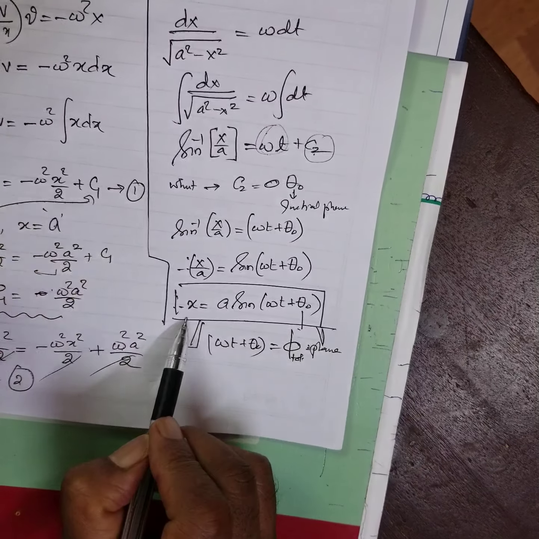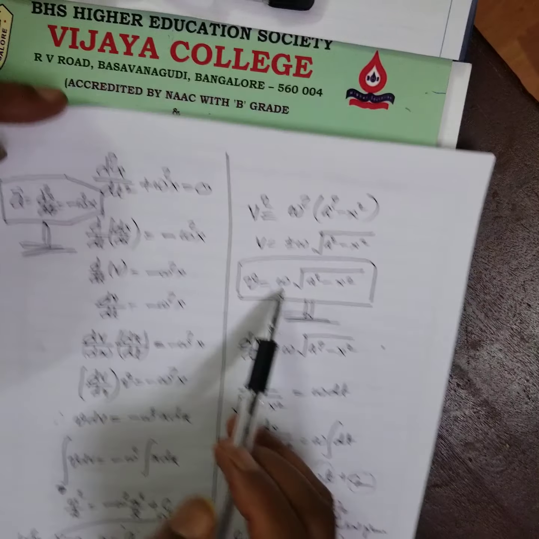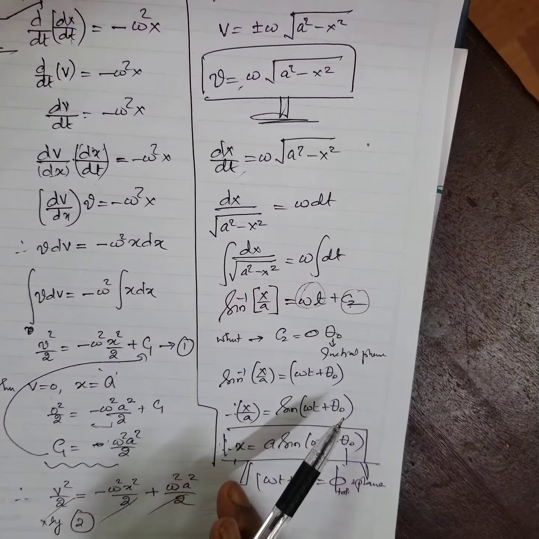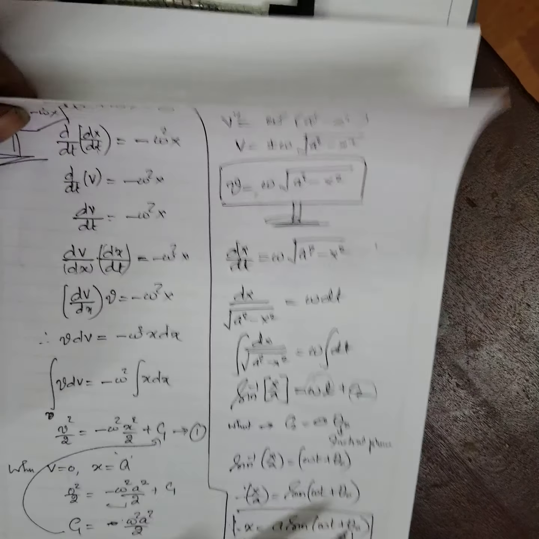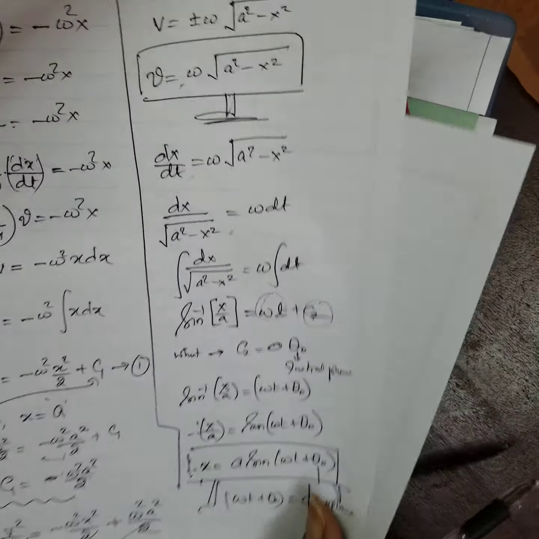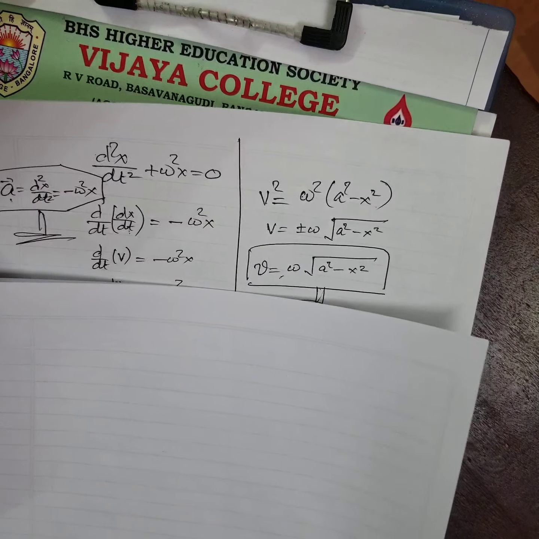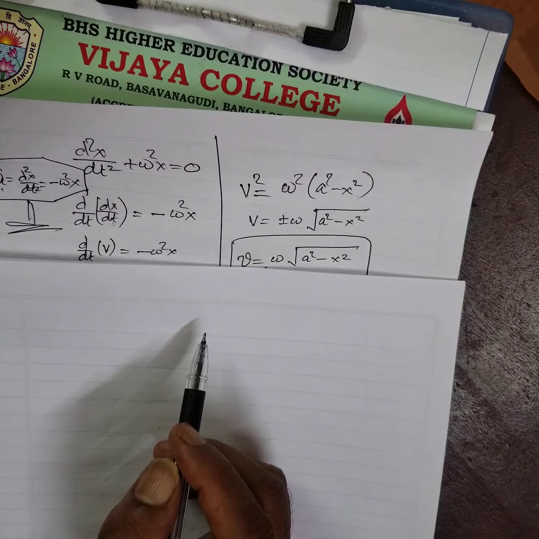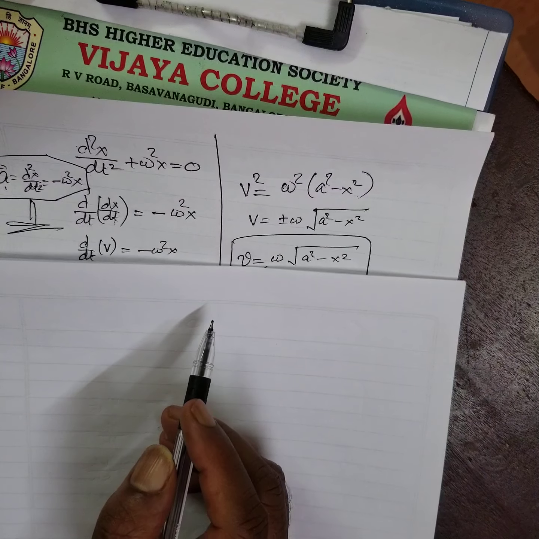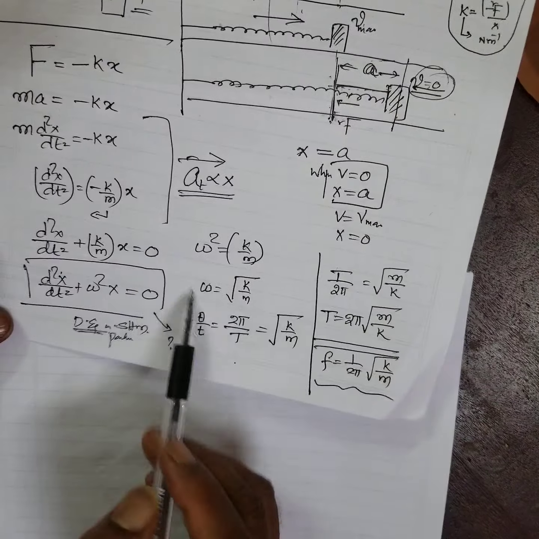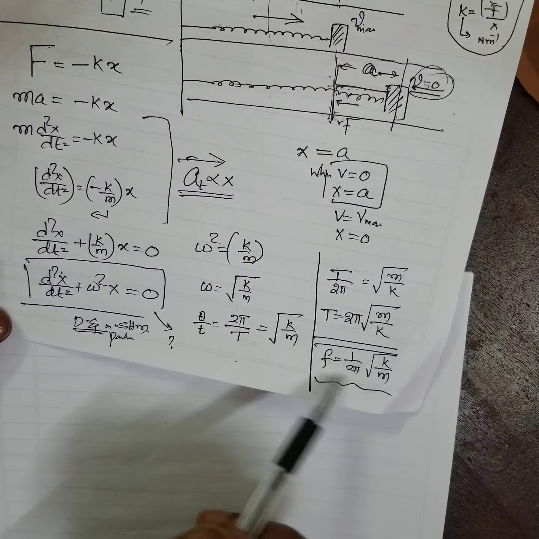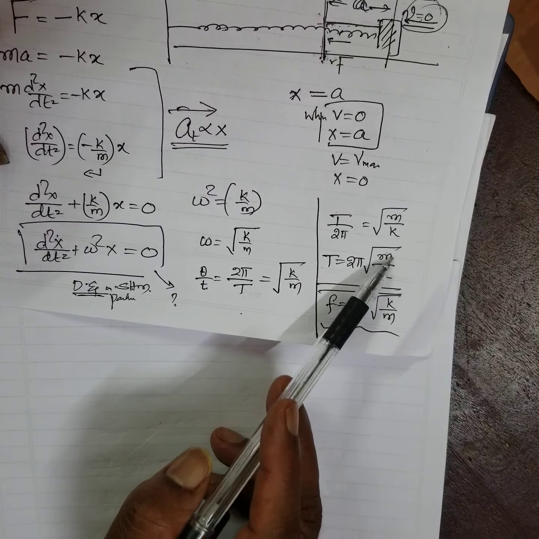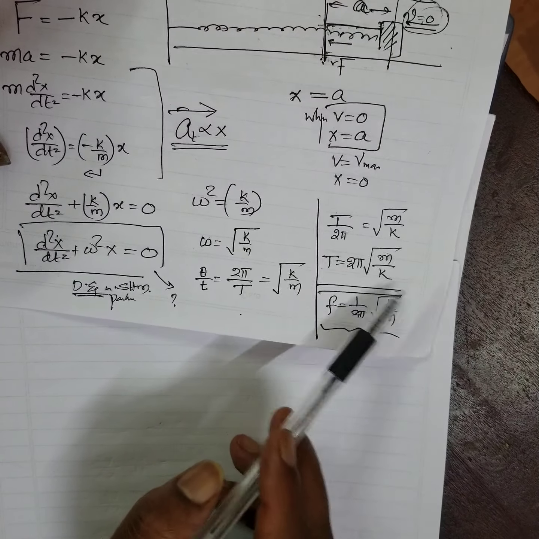Now you have got displacement, velocity and acceleration for a simple harmonic motion. One thing you have to remember here: omega square is k by m, and the period depends on the mass of the body and the spring constant.